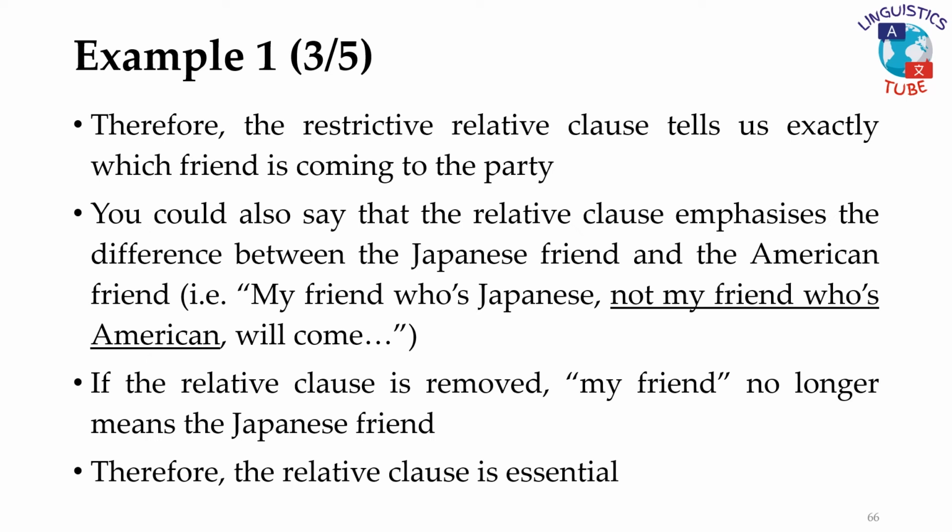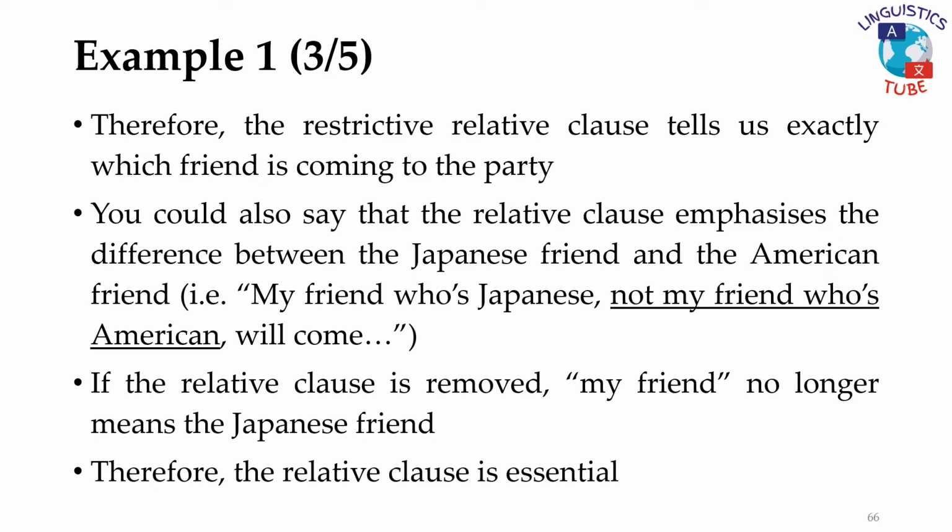In this conversation, the restrictive relative clause is essential in order to understand the entity in the noun phrase, because it tells us exactly which friend is coming to the party. Therefore, if the relative clause is removed, my friend no longer means the speaker's specific Japanese friend.